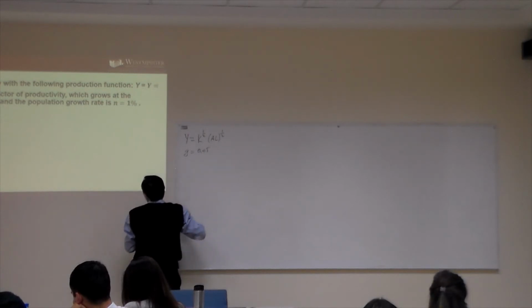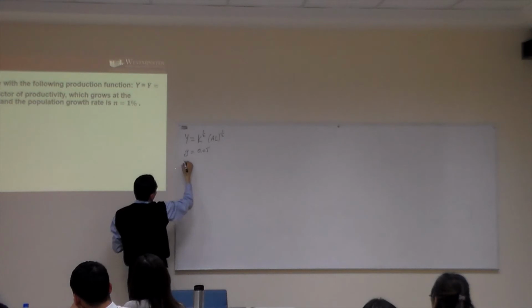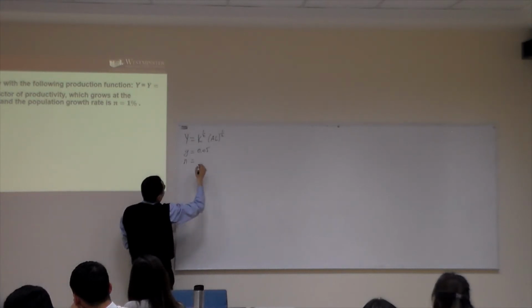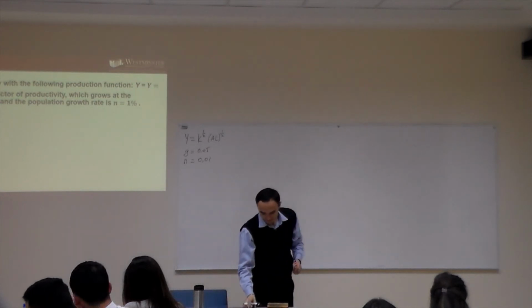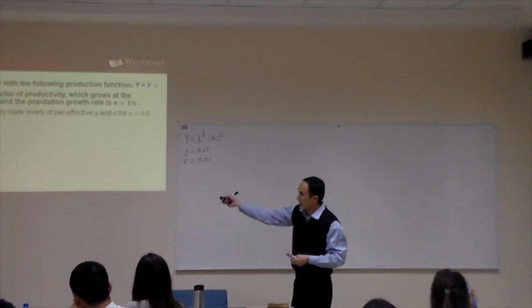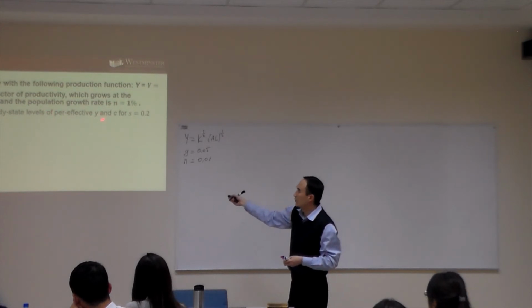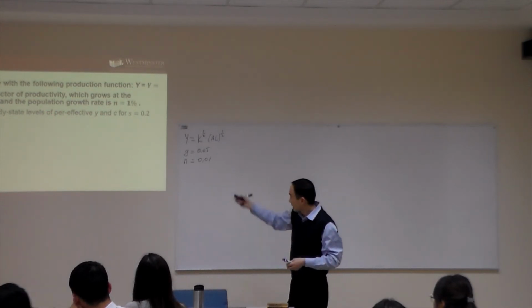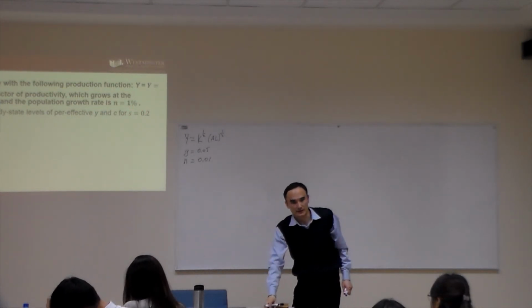We have the growth rate of population given, which is growing by 1%, 0.01. Determine the steady state levels of output per effective labor and consumption, given a saving rate of 20% and depreciation of 10%, right?